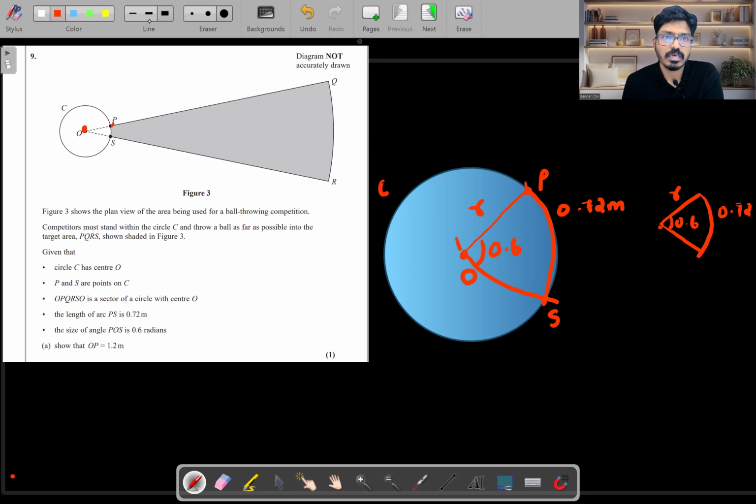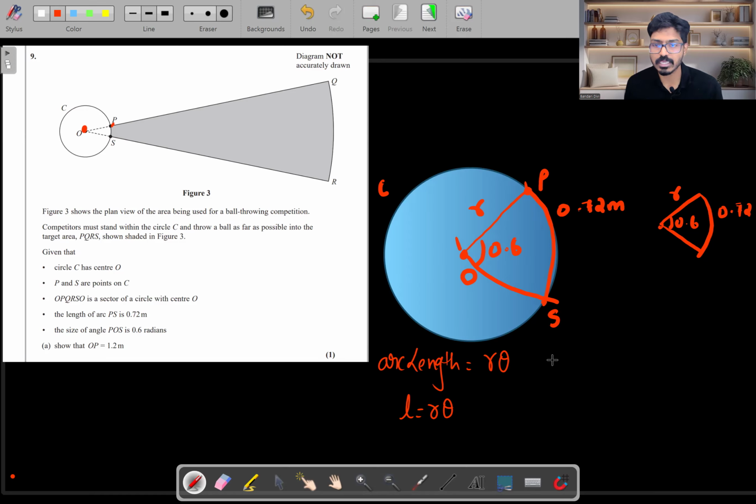So can we use the formula? We know that arc length is given by radius multiplied with theta, r theta. Arc length, let us take it as S or L. L is equal to r theta.